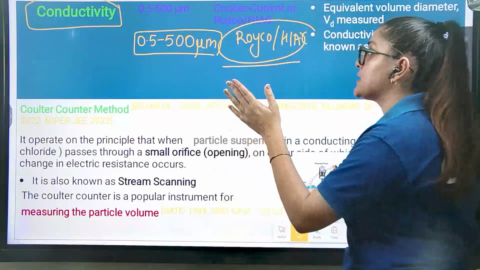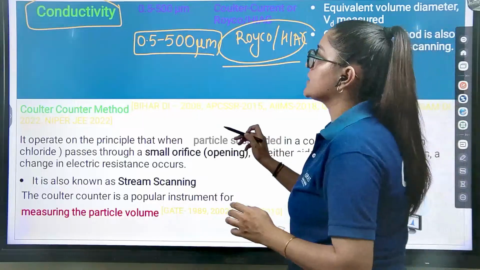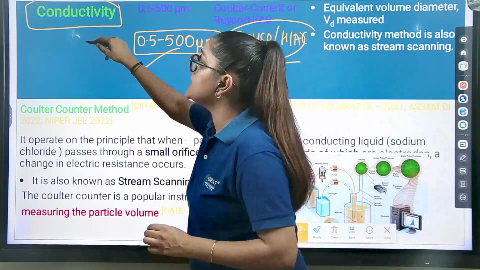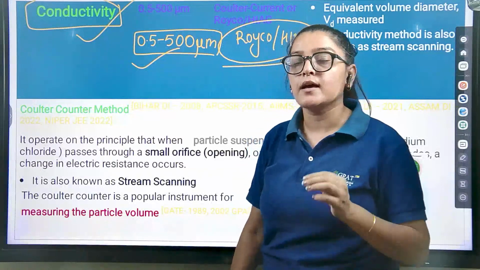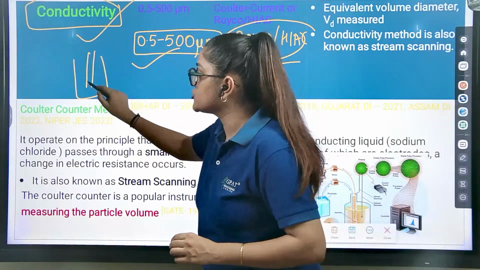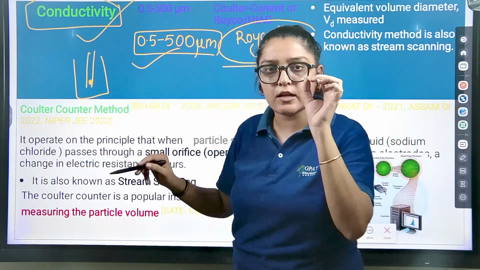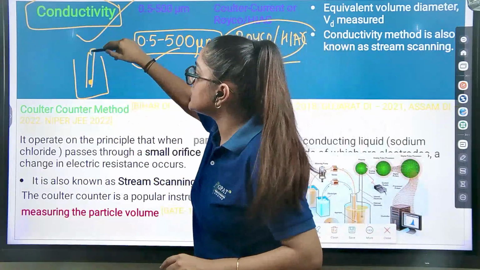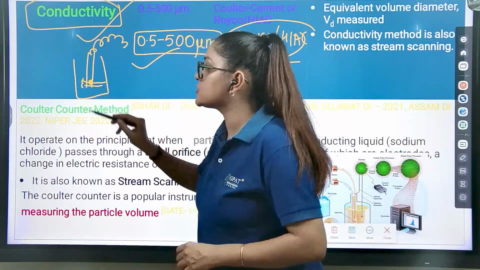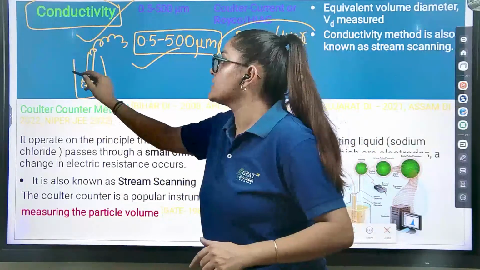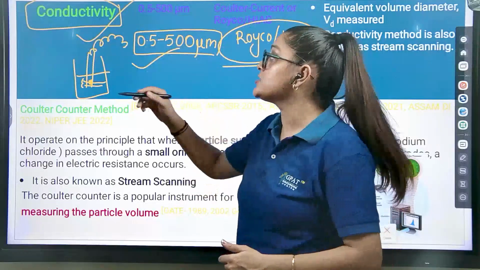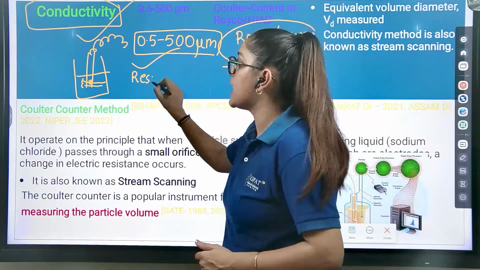Last we have is the conductivity method. In the conductivity method, size range will be 0.5 to 500. Because it is based on the conductivity method, here we will have an orifice in this tube. You can spot a little orifice will be there. Obviously, these are connected to batteries. As soon as the particle passes through this little orifice, there will be a change in resistance that will be recorded.